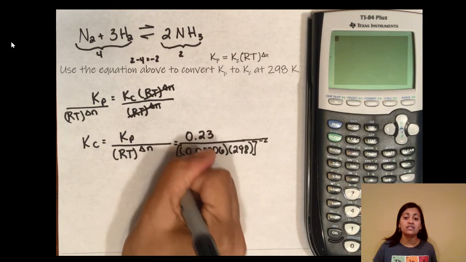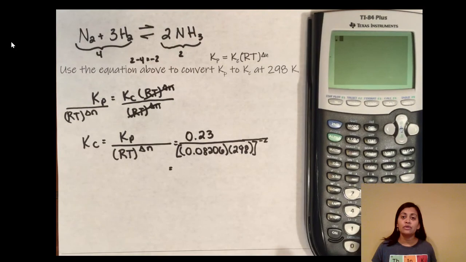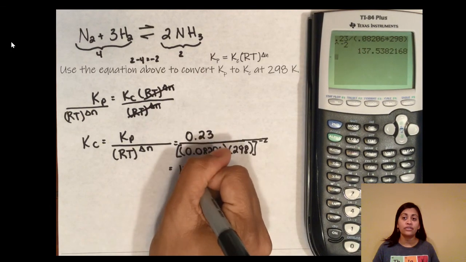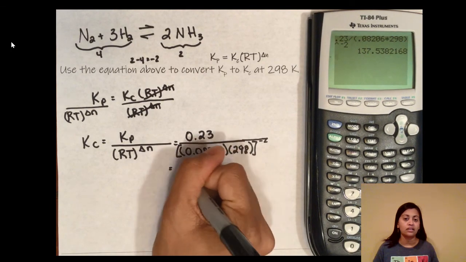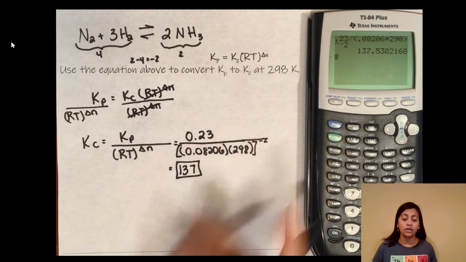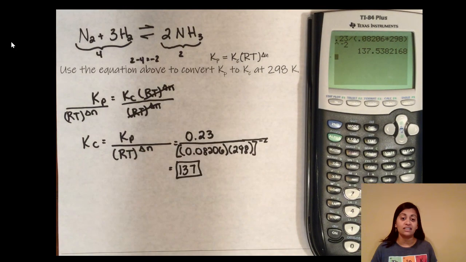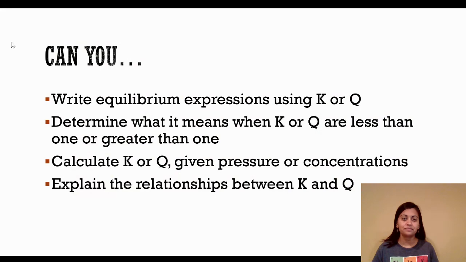So that leads us to a -2. We'll go ahead and type that in: 0.23 divided by the R value times 298 raised to the -2 power. We should have gotten 137.538. So Kc is 137.